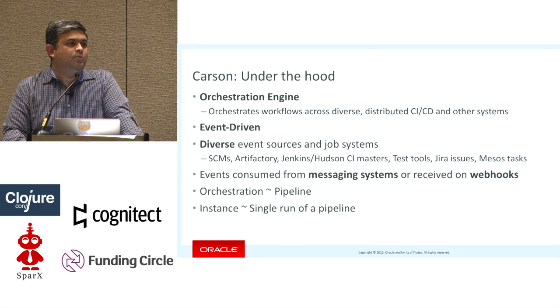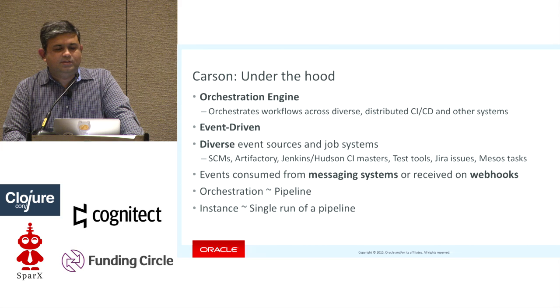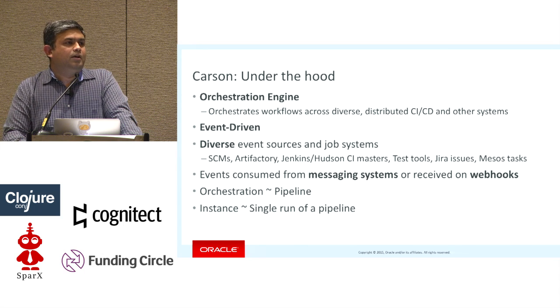Or you could just send them on webhooks that are a part of Carson. What that allows us to do is have systems that would normally not be able to send a message to a messaging system like ActiveMQ just post a message to an HTTP endpoint, and that would be the end of it.